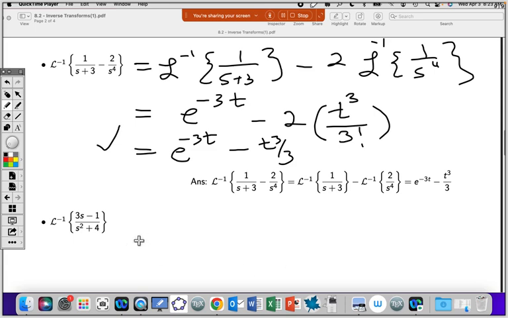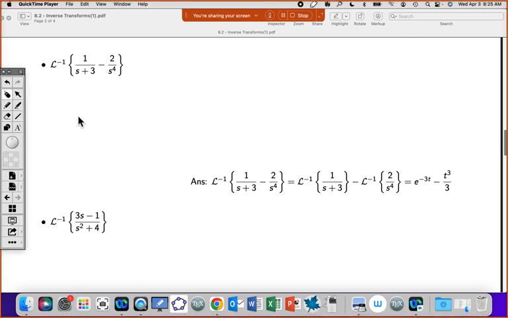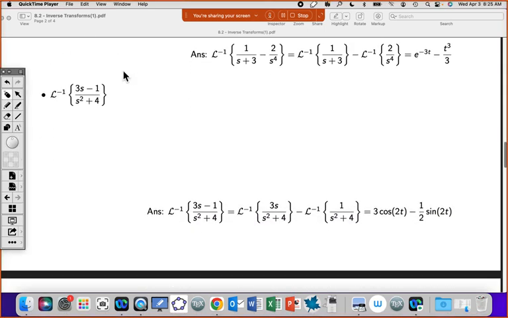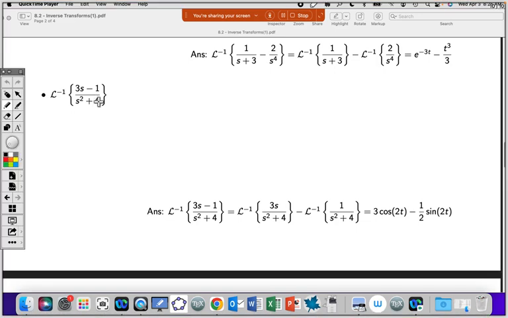Now, since the inverse Laplace is an integral, you can use a lot of the techniques you use for integration to help you figure out things to do in trying to find these inverse Laplace transforms. So for example, on this next one here, you got the inverse Laplace of 3s minus 1. So one of the basic techniques of integration is what they call separating the numerator. It's really just using the distributive property.